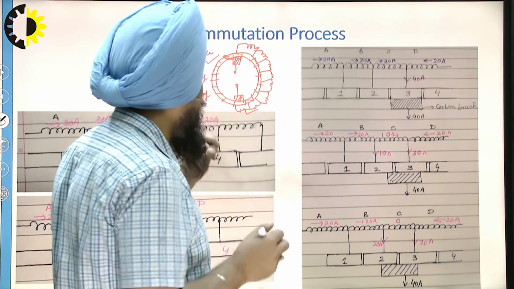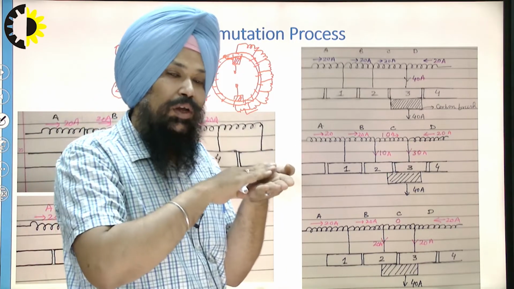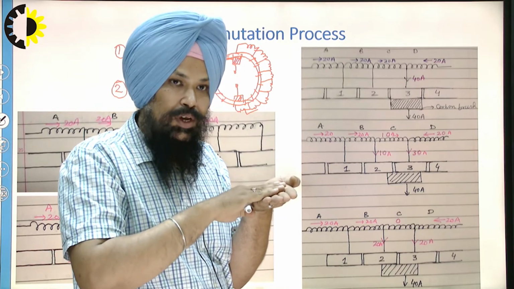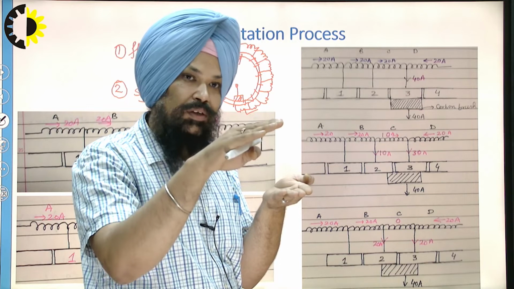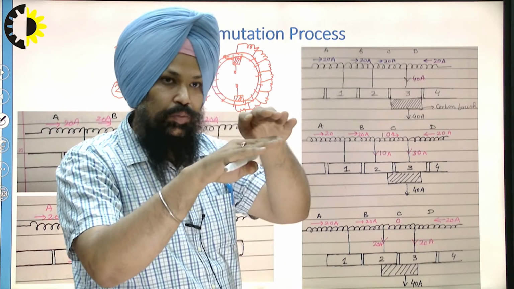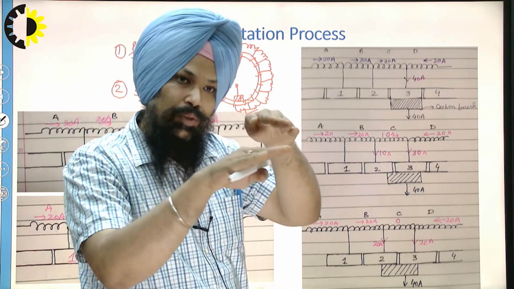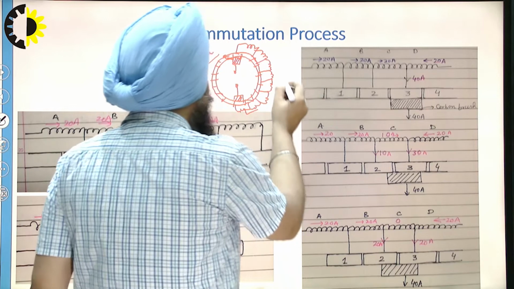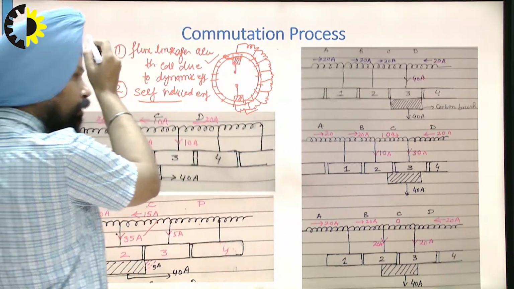Self-induced EMF is the EMF which is induced in the coil itself when the current reversal takes place. Let us suppose the current flowing through the coil is in one direction. When it comes across the carbon brush position, it has to change its direction, and that is known as the change in current.